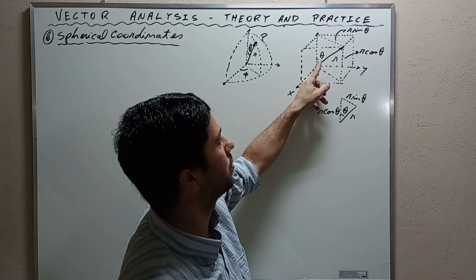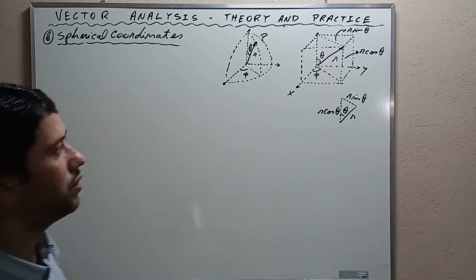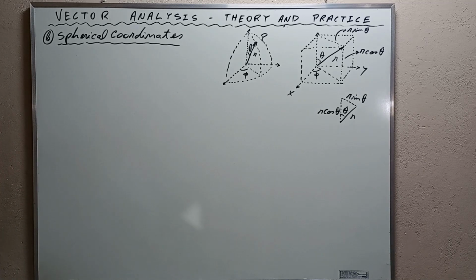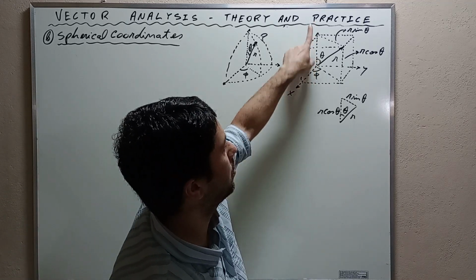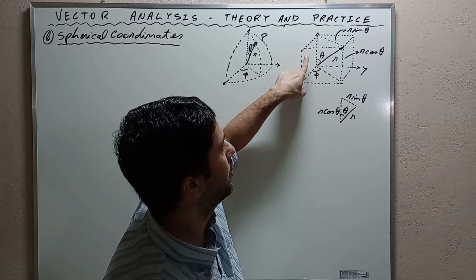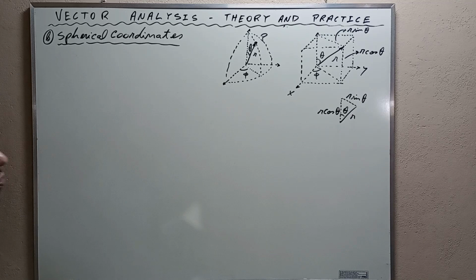As it is in front of the angle, then it is r times the sine of the angle. How about this side here along the z direction. It is at the side of the angle, not in front.